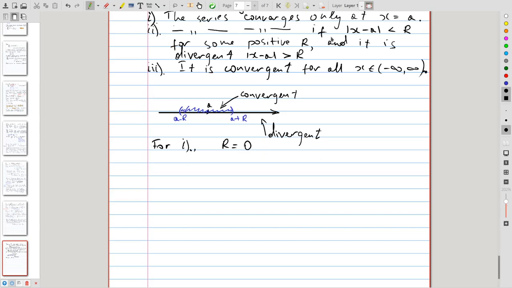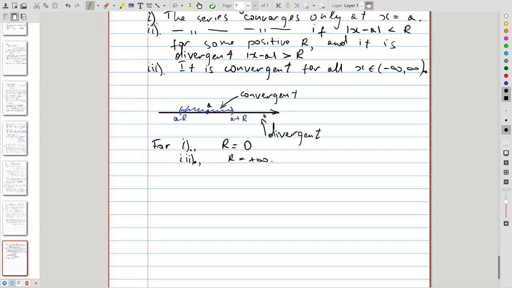In case 2, it's clear what r is. This is r. And in case 3, r is plus infinity. So not only is such r defined in the second case naturally, we can also introduce r as the radius of the neighborhood in which our series converges for the two other cases.